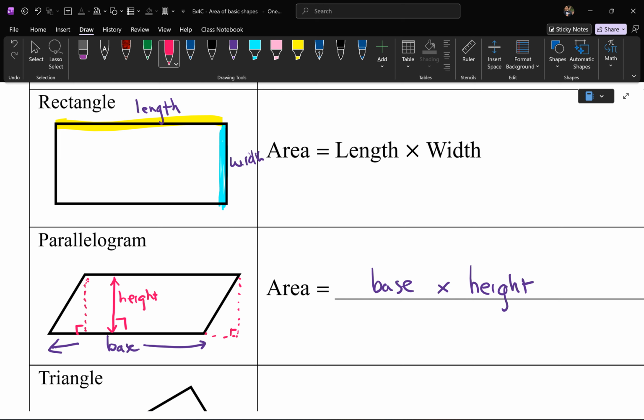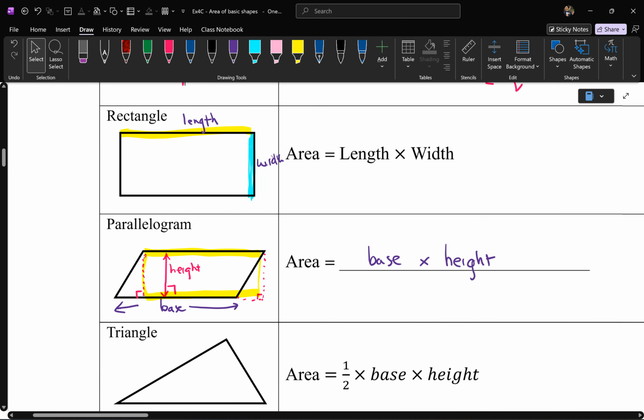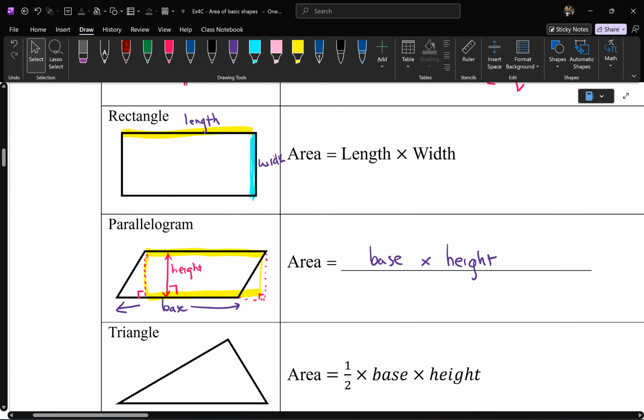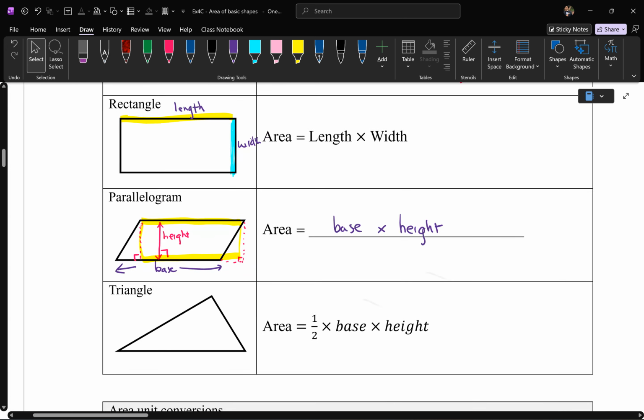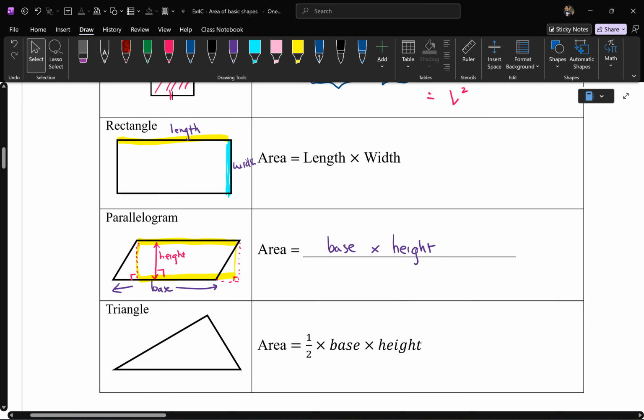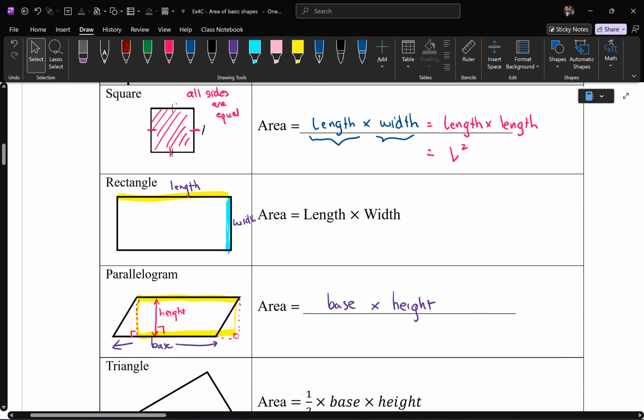This triangle will fit nicely, and you end up with a rectangle. And the area of a rectangle is just this length times the width. That's why we call it base times height, but really it's length times width again. So a parallelogram is really just a rectangle slightly tilted. If you remembered the area of a rectangle, you technically remember the area of both a square and a parallelogram. That's why it's called a basic shape.